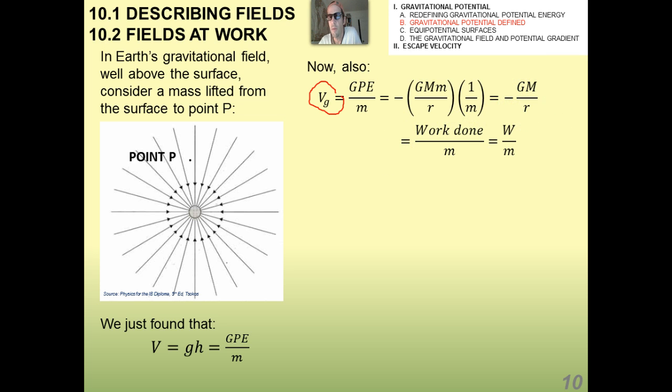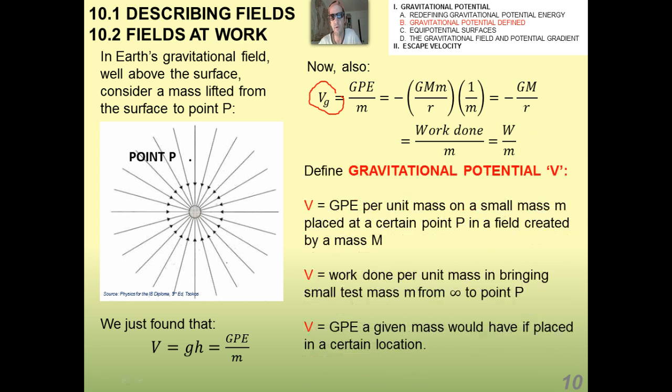Because that is the gravitational potential energy per unit mass, that's also the work done per unit mass. So negative GM over r is equal to W over m. This all seems kind of weird, but you'll see why this is all really important shortly.